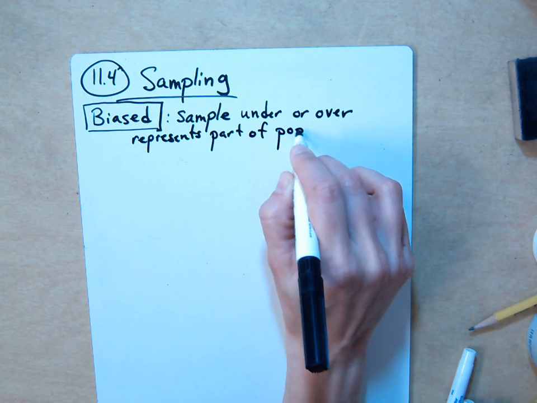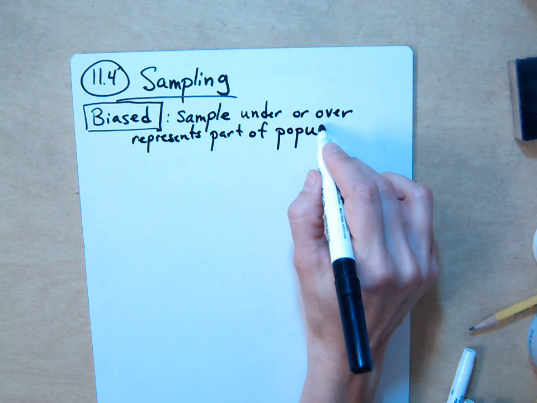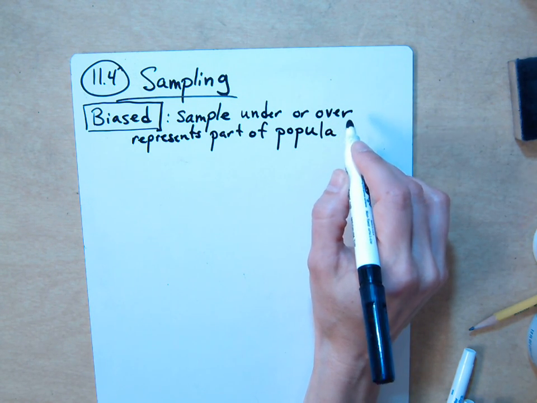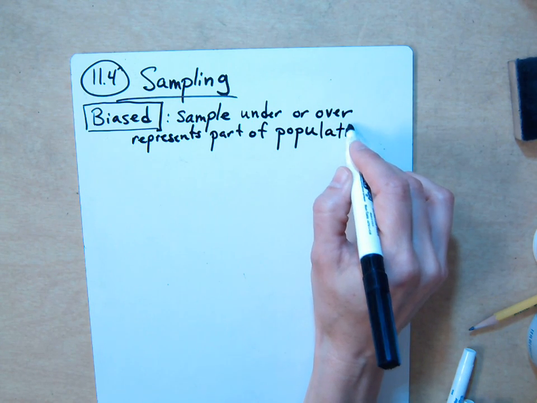Population is the group that we're interested in finding something out about, like the population of the United States or the population of Homestead High School.